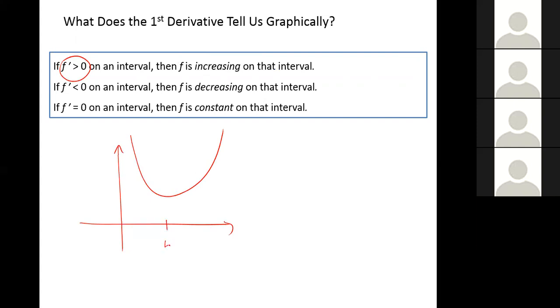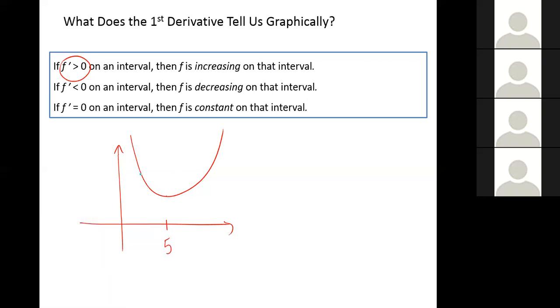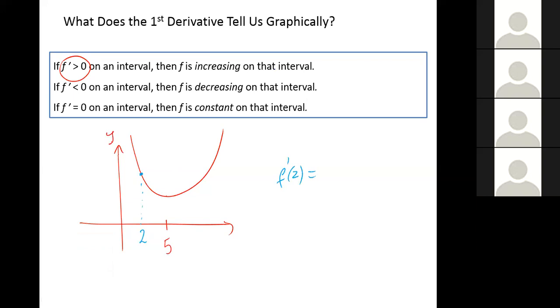Let's say we have a value 5 here, okay? And if I ask you, can you estimate, let's say at 2, the derivative at 2 for the given graph at that point? Do you think you can give me the value? I know that we have a few students in the classroom, but it's still okay.